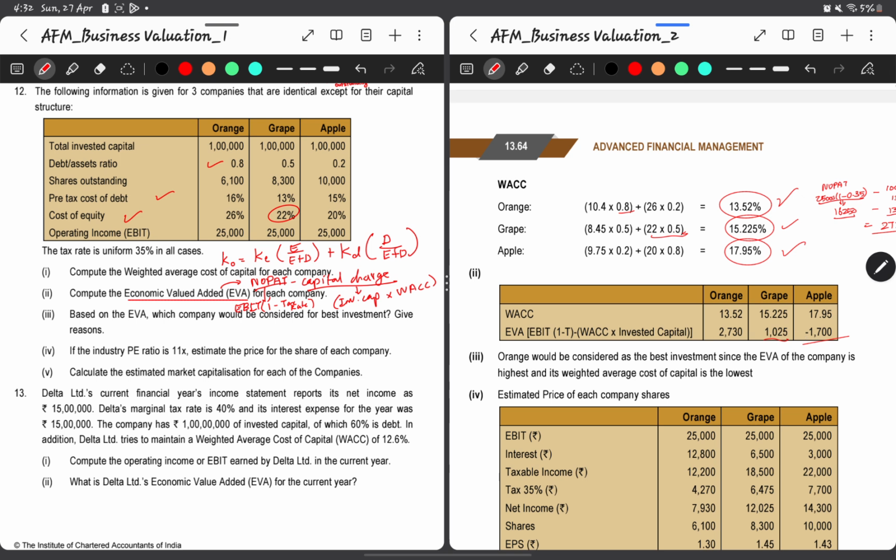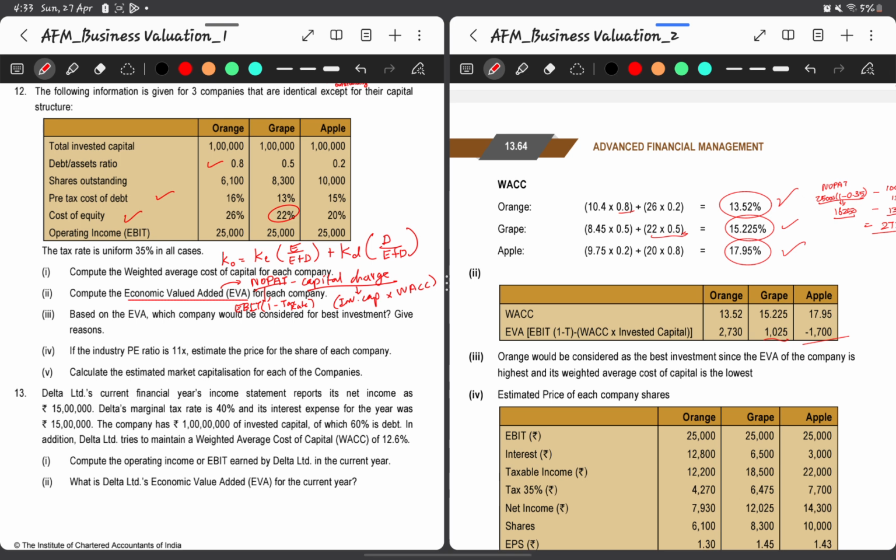This is because of the debt structure. As we can see here, in case of orange 80% debt is there, so obviously it will give us a tax shield. It acts as a tax shield, and it gives us a tax benefit on the interest portion, but equity will not give the same to us.